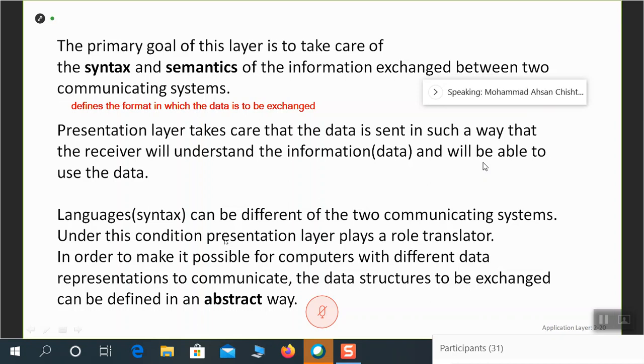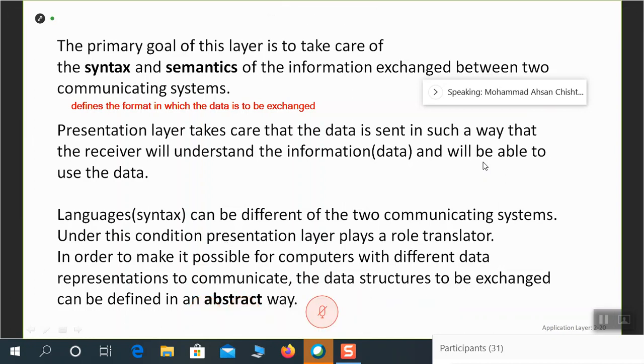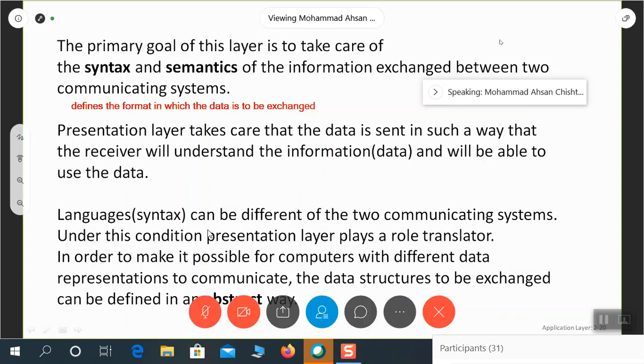So syntax, like languages, can be different in the two communicating systems. Now what would the presentation layer do here? The presentation layer would be responsible to communicate in that language which that system would understand. As an example, Ramanand speaks Telugu. I speak Kashmiri.